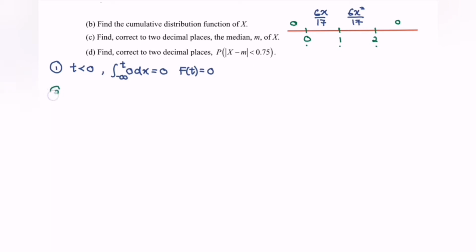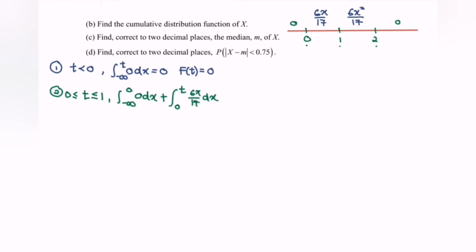For the second one, where we have t is greater equals to 0, less than equals to 1. For the function, integrate from negative infinity until 0 for the function 0 dx, plus integrate from 0 until t for the function 6x over 17 with respect to x.